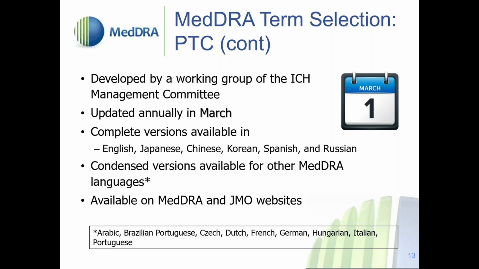The PTC working group updates the guide in step with every March release of the MedDRA dictionary, which just came out as version 28 in March. And it's provided in a complete version in 6 main languages and in condensed versions in other supported MedDRA languages, and available on our website and the JMO website.